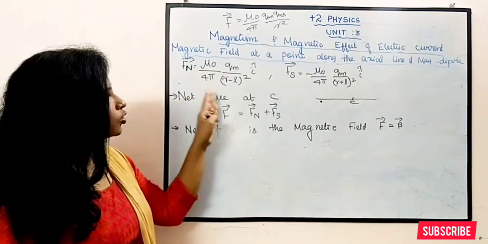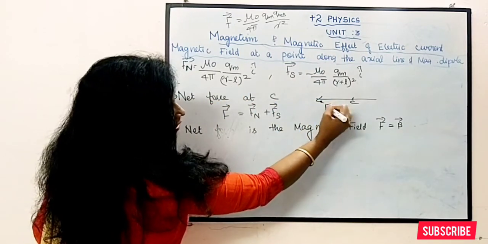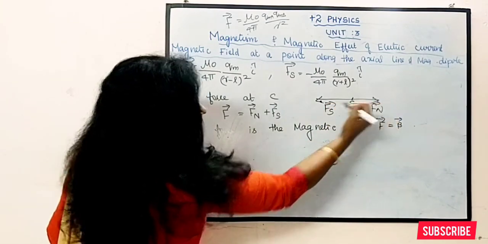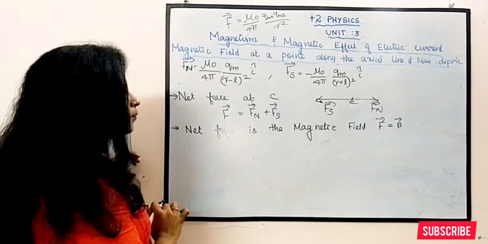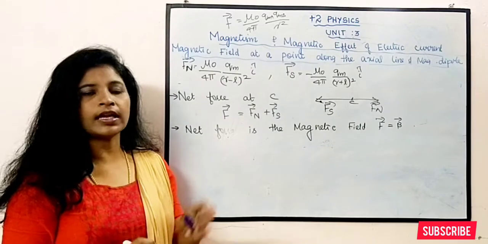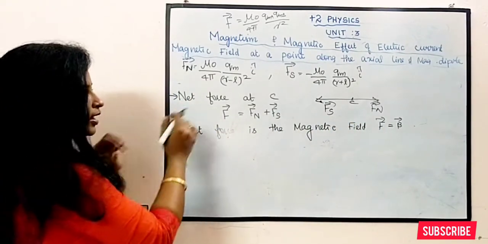Okay, so what is the total force at the point C? One force is acting in this direction, that is the attractive force, right? Another force is acting in this direction, that is the repulsive force. Okay, so I am going to add these two forces. Okay, so that net force is the magnetic field at that point. And the point la irukra magnetic field edun pathina the net force da. Okay, can be calculated?